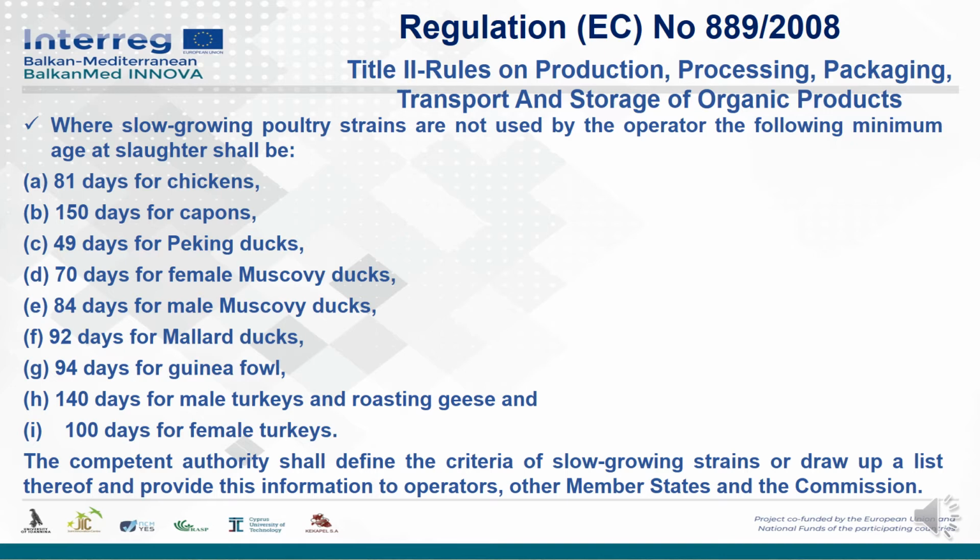The competent authority shall define the criteria of slow-growing strains or draw up a list thereof and provide this information to operators, other member states, and the Commission.